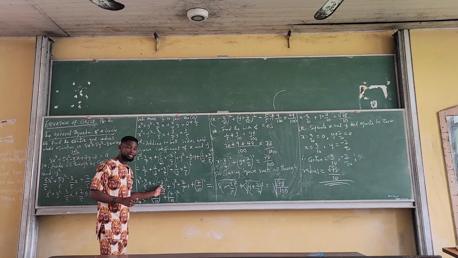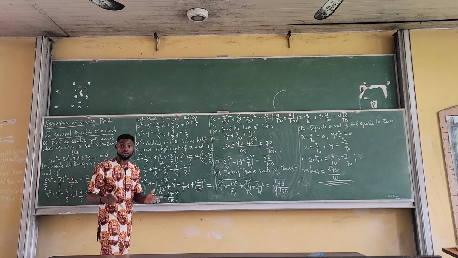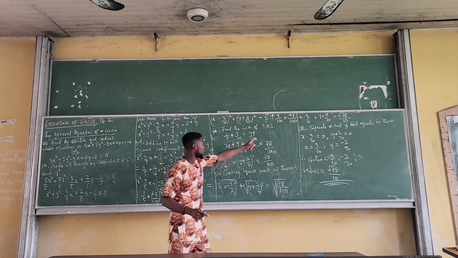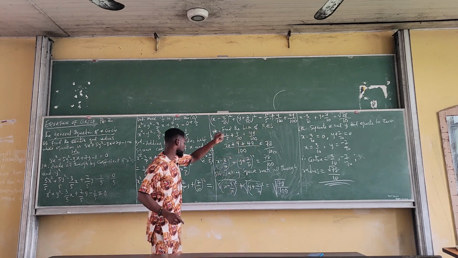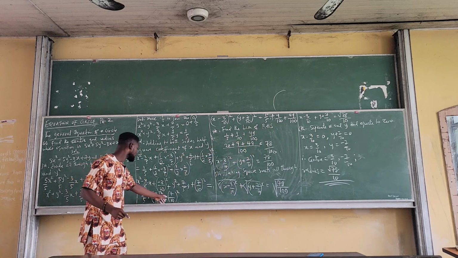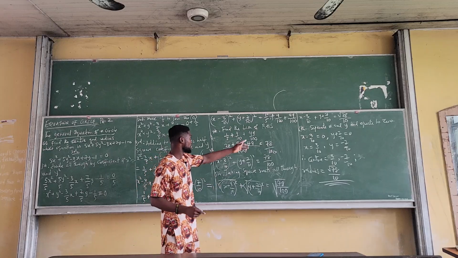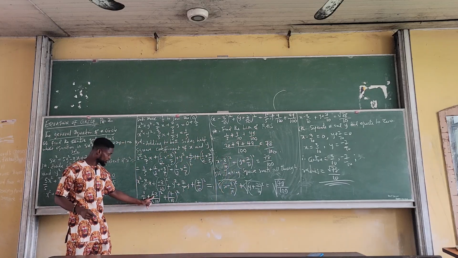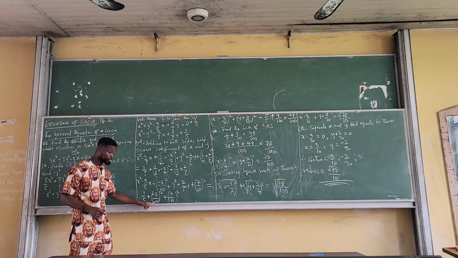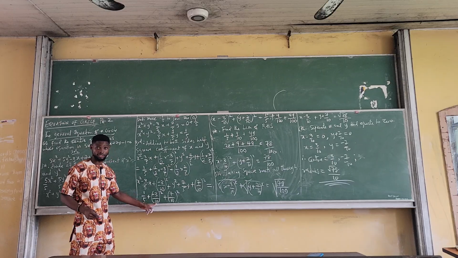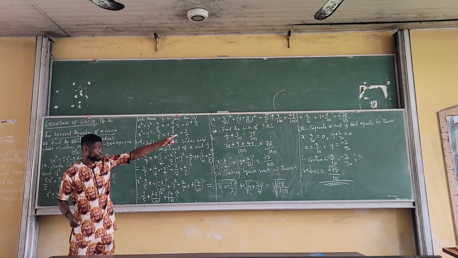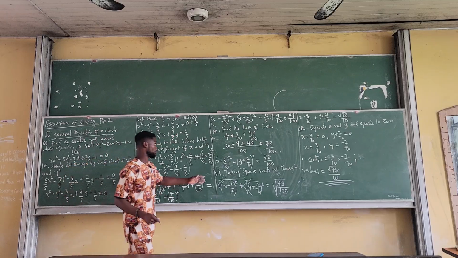Minus times minus is plus, and 3 square is 3 times 3, which is 9. That's why we have plus 9. The same thing to this: 7 square is 49. That square is affecting both the numerator and the denominator. That is why we have 100. 10 square is 100. That is what we did, and we got this.